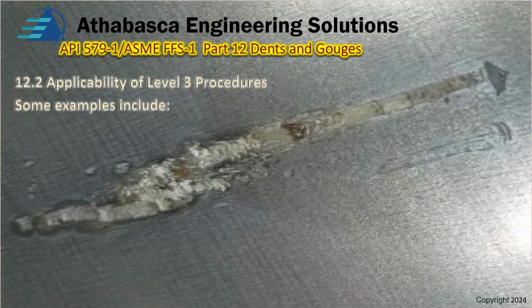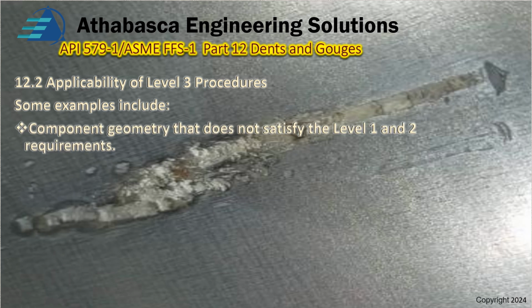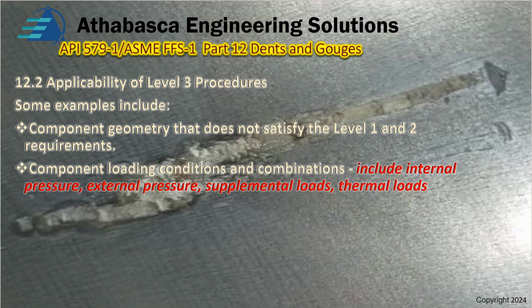Applicability of level 3 procedures, which we recall is the most intensive calculation requiring expert engineering specialist skill, abilities and experience. Some examples include component geometry that does not satisfy the level 1 and 2 requirements, for example, if it's on a reducer or a branch.